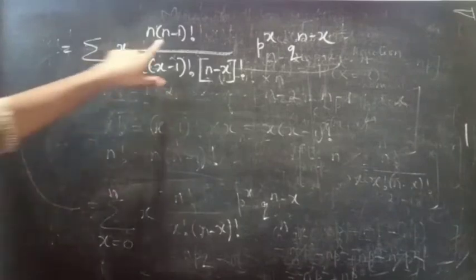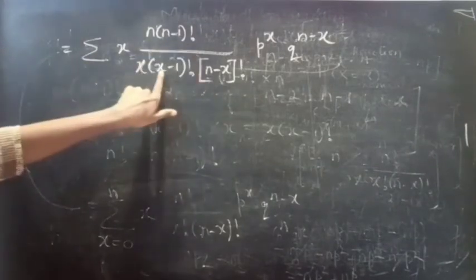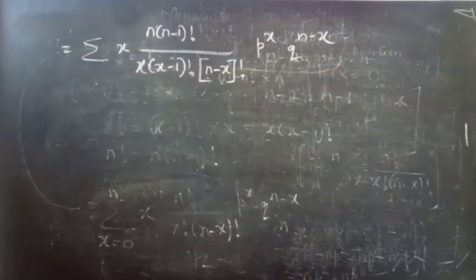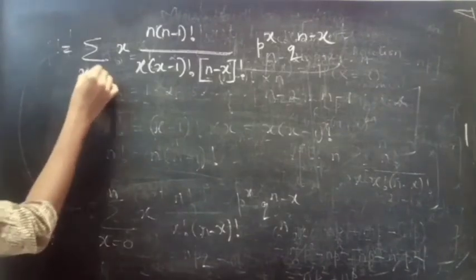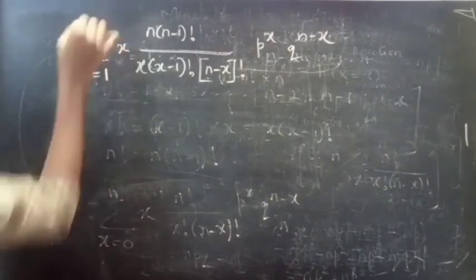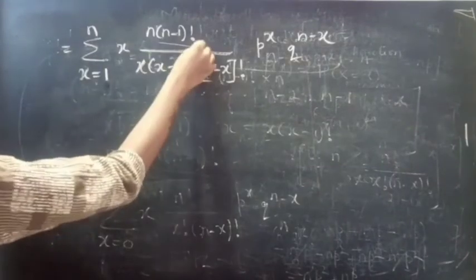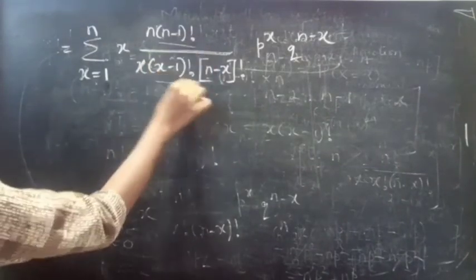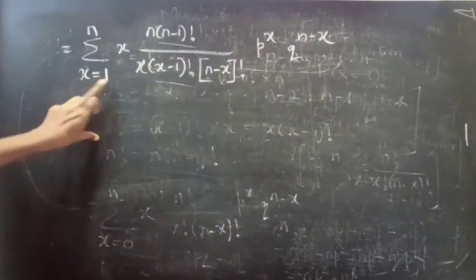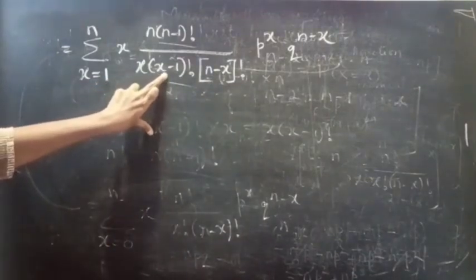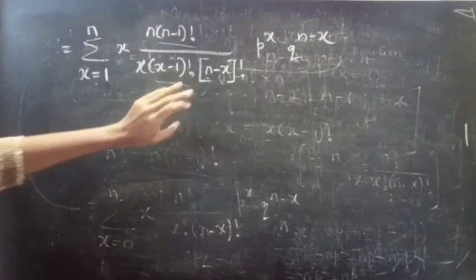So here you are having n minus 1 factorial and x minus 1 factorial. So we have to take summation x equals 1 to n. Since we have considered n minus 1 factorial and x minus 1 factorial, if you substitute x equals 1, you will get 1 minus 1 factorial, which is 0 factorial.